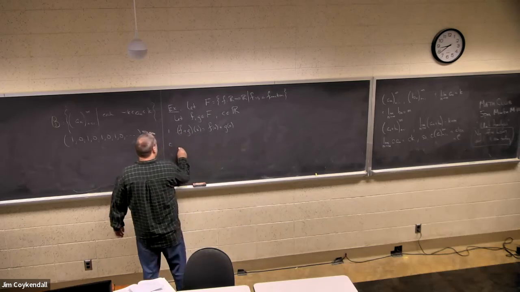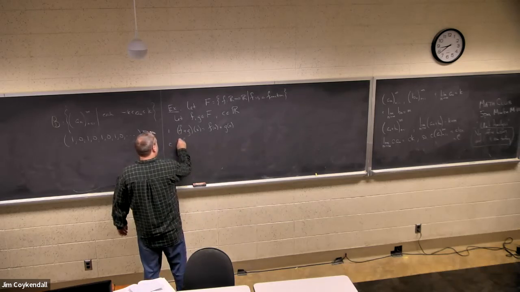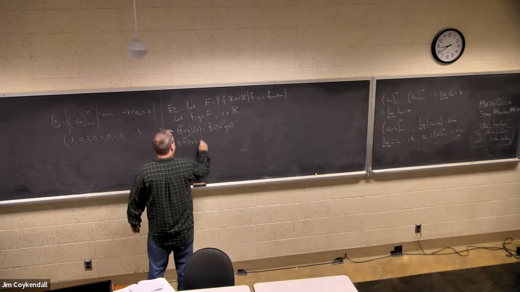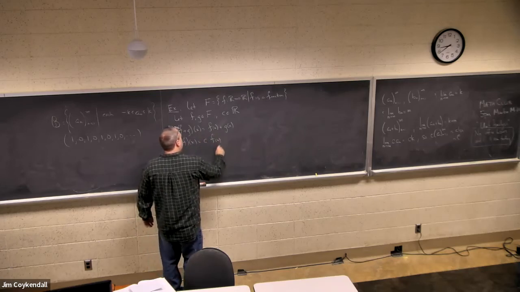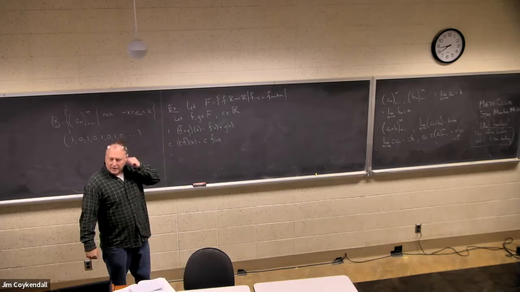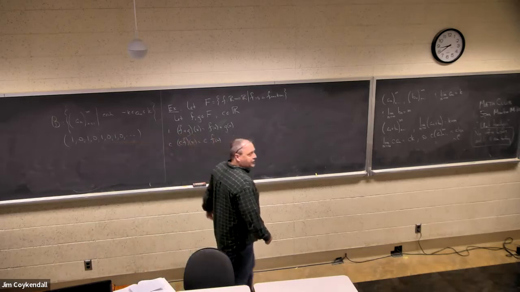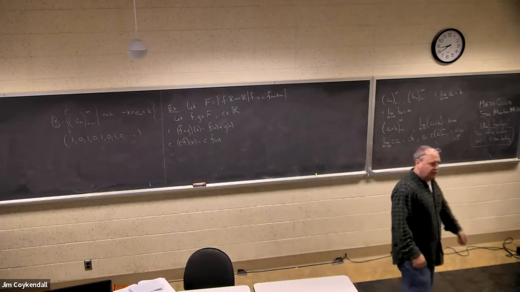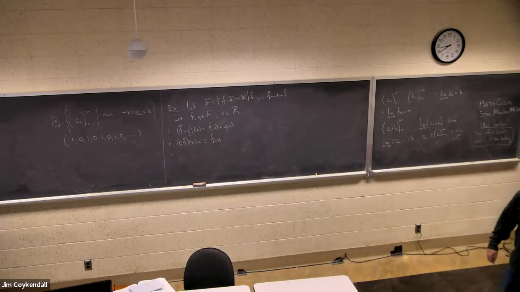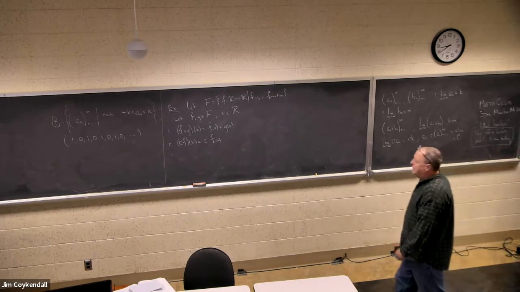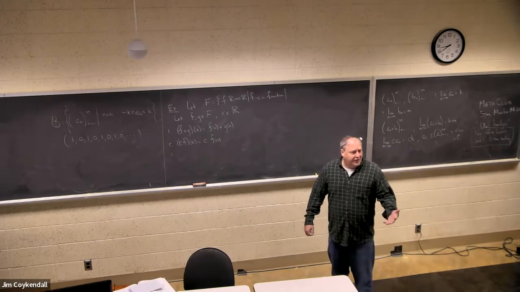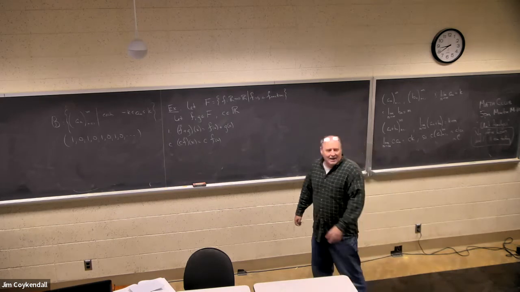And scalar multiplication works just like that, right? So in other words, the function 2 times sine x is just twice sine x. This is a vector space, right?